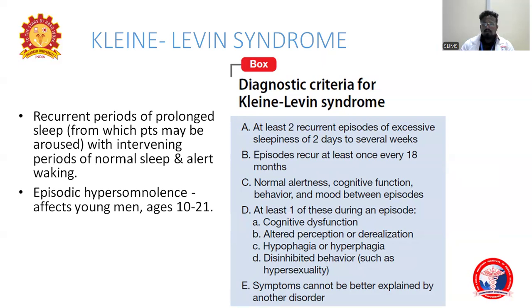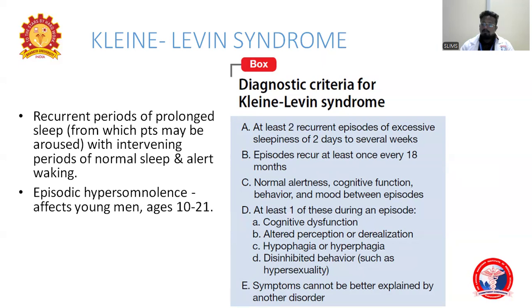Episodes recur at least once every 18 months, with normal alertness, cognitive function, behavior, and mood between episodes. At least one of these during an episode: cognitive dysfunction, altered perception or derealization, hypophagia or hyperphagia, or disinhibited behavior.